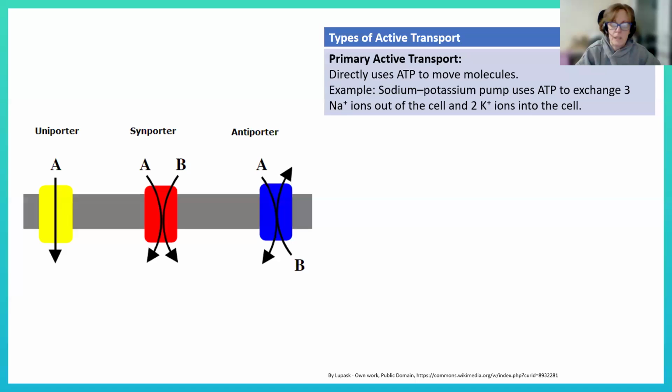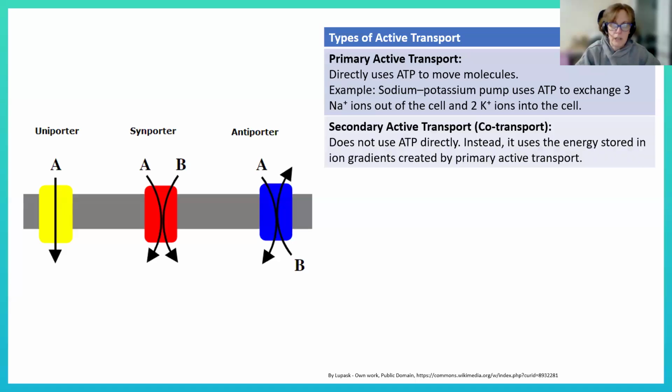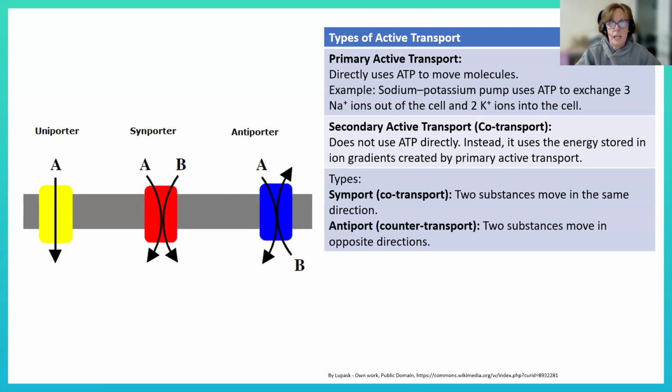And then we have secondary active transport, which uses energy which is stored up in ion gradients that are created by this pump, essentially, where we use ATP. So we get a gradient of ions, so sodium and potassium ions, and we use that to drive other molecules or particles, substances, across the membranes.